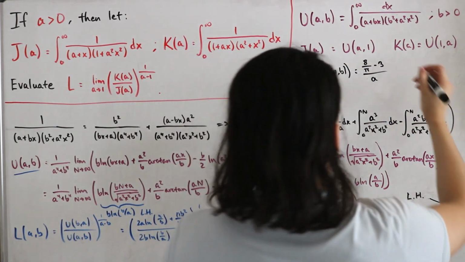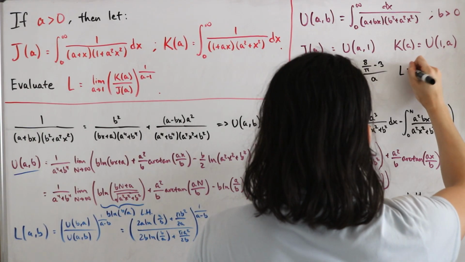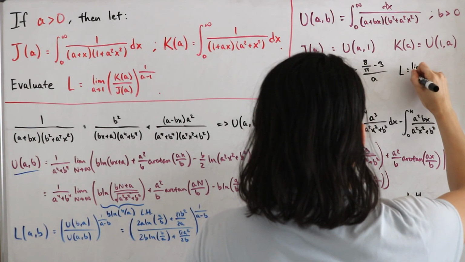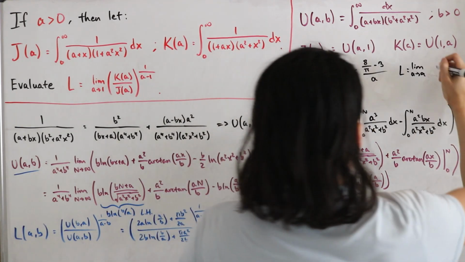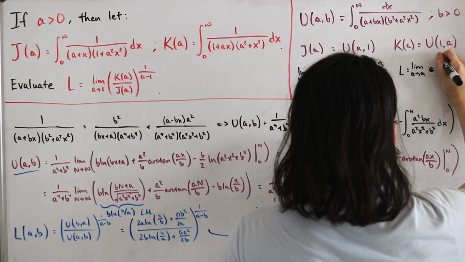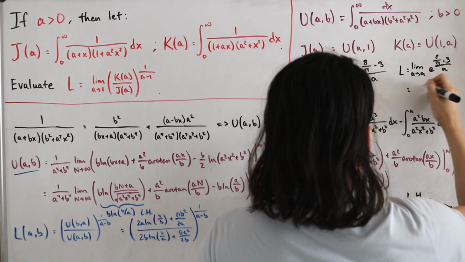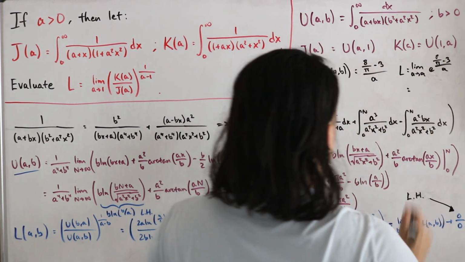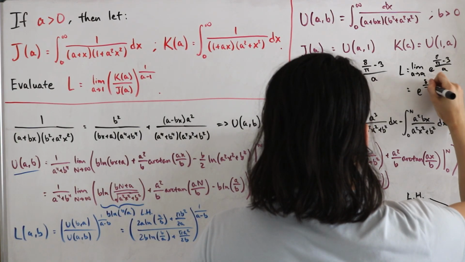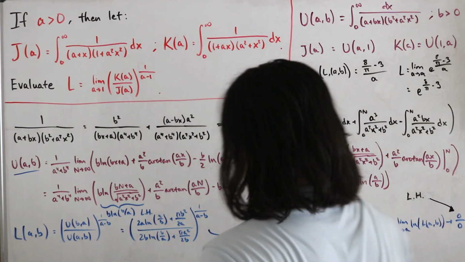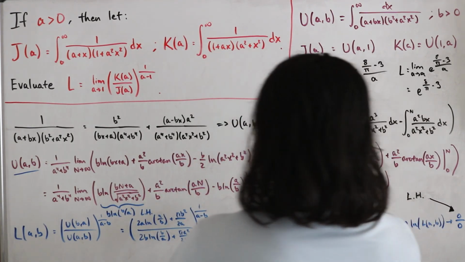And therefore, if you take the e base of both sides, that means I have that L is equal to, now we can take this as the limit as a approaches a of e to the power 8 divided by pi minus 3 divided by a, which if you just let that approach, is simply e to the power 8 divided by pi minus 3. Therefore that is the final answer to the limit that we're being asked to calculate over here.